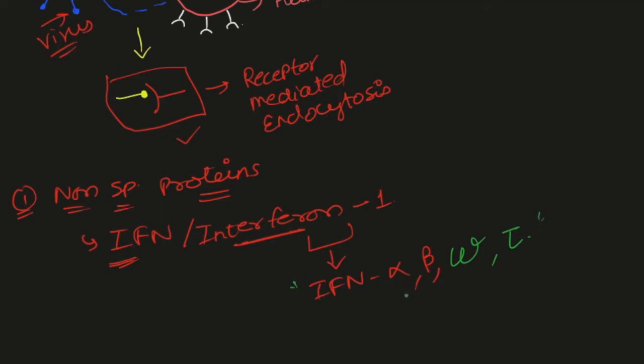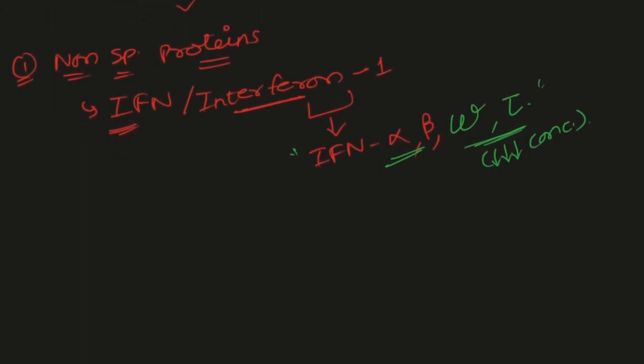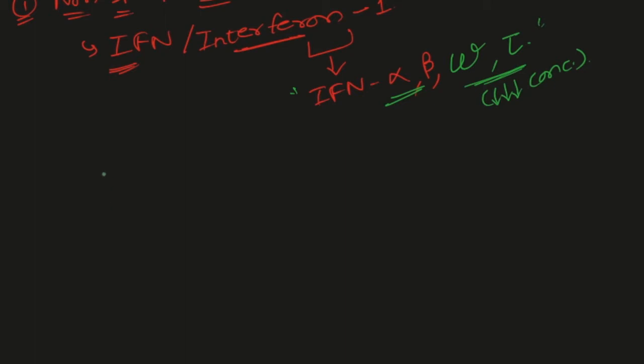Omega and tau related interferons are produced in a much lower concentration compared to interferon alpha and beta. Now let us see how this mechanism usually operates.